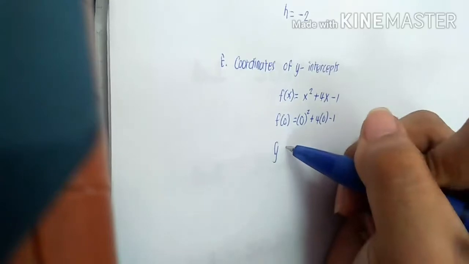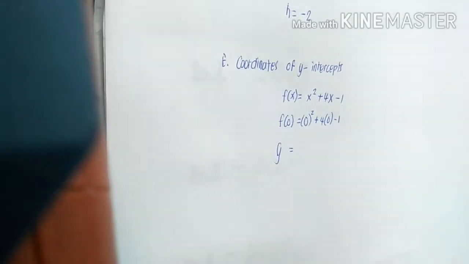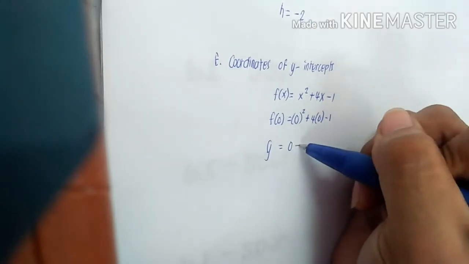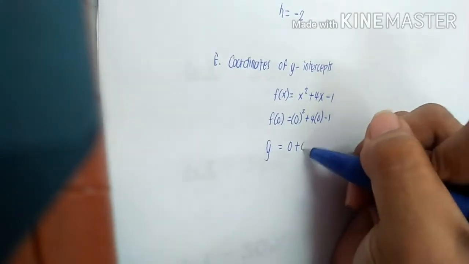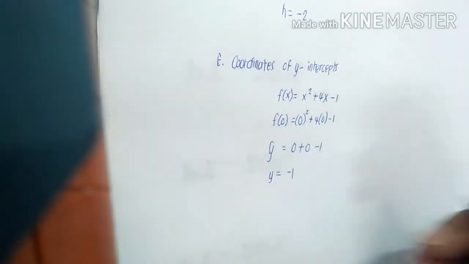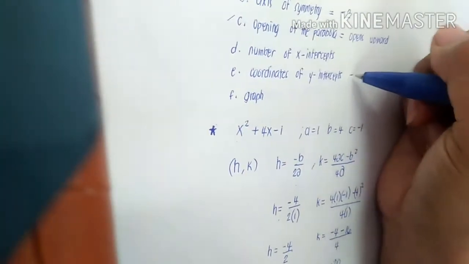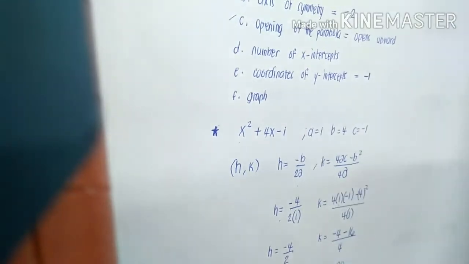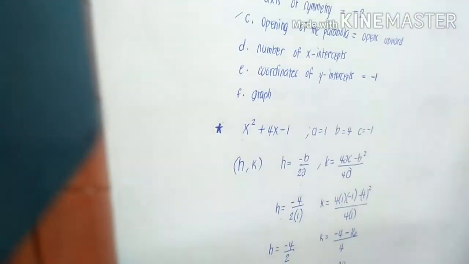So this will be y, because we're looking for the y-intercept. So 0 times 0 is 0, 4 times 0 is 0, minus 1. So y is equal to negative 1. So the coordinates of the y-intercept is negative 1. Got it?